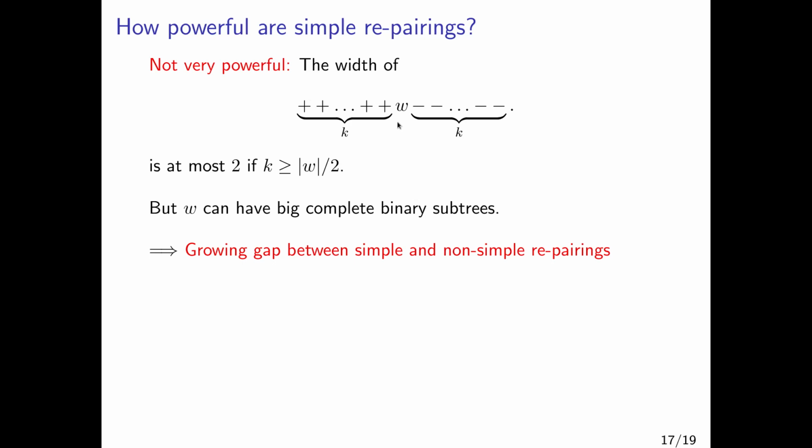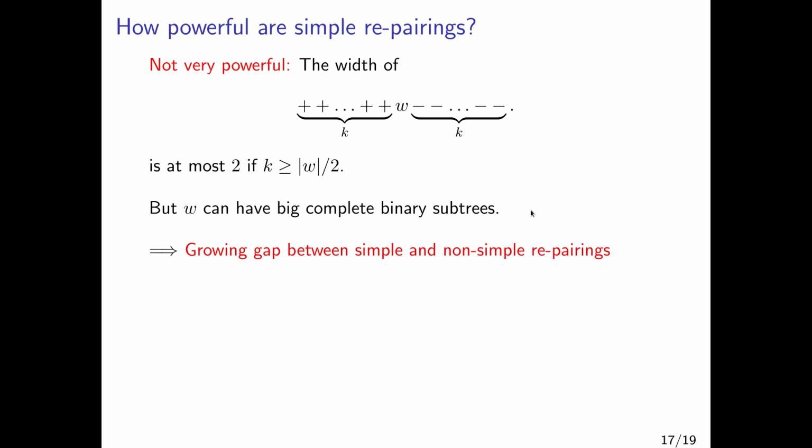If you read a plus, you pair it up with a minus from the end. And if you see a minus, you pair it up with the first plus here, or maybe the last plus. And then you pair up pluses here with minuses here, and minuses here with pluses here. If you reason in this way, you'll see that the width of such words is at most 2, as long as K is big enough.